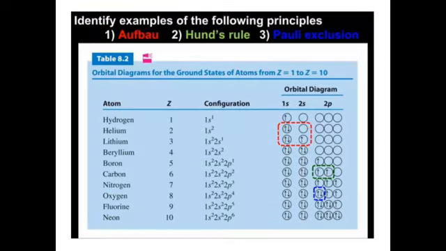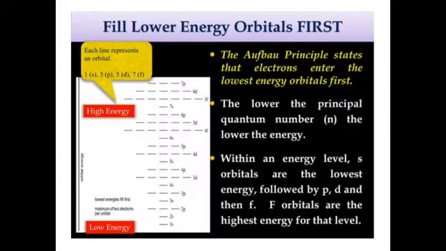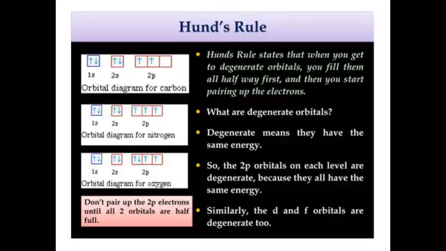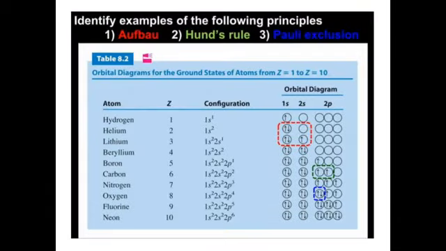Okay, quickly let's combine the 3 rules together. You have hydrogen, helium, lithium, beryllium, and the likes. The configuration is 1s1. If you check the Aufbau principle, where we talk about filling the lower energy level first, you will observe that the 1s was filled first for helium and lithium.